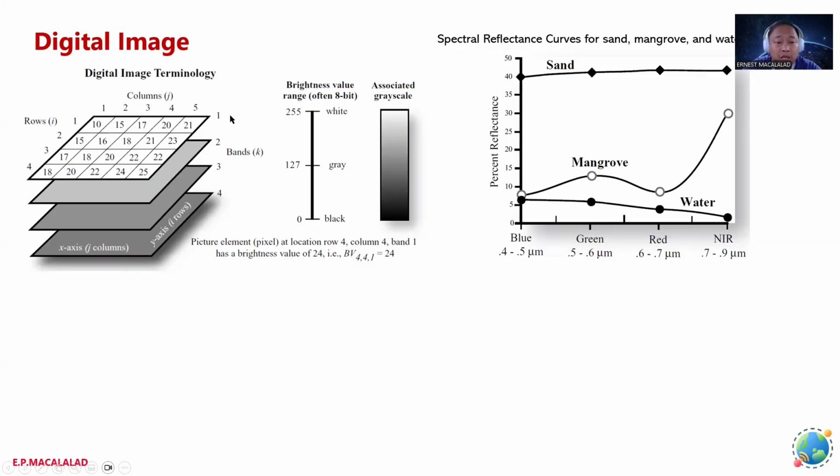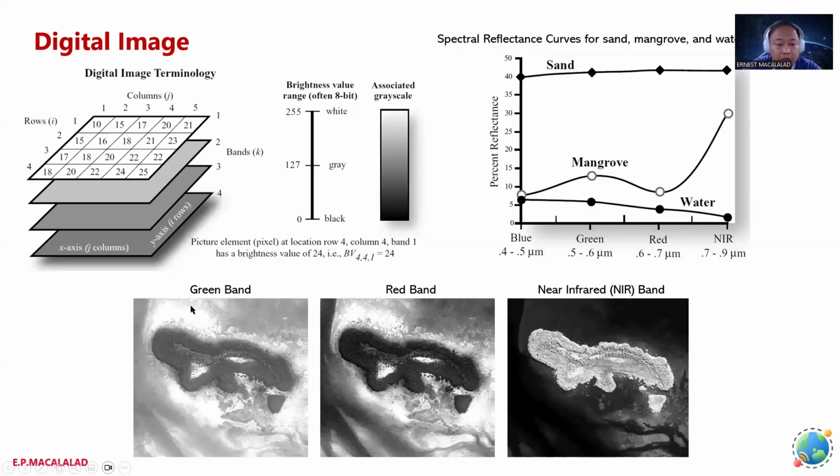So if bands 1, 2, 3, and 4 pertain to the blue, green, red, and near infrared color, that means each band will look different, because each object or item in the target will have a different brightness at different bands.